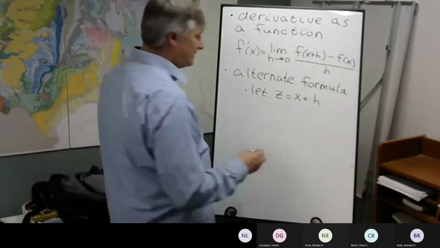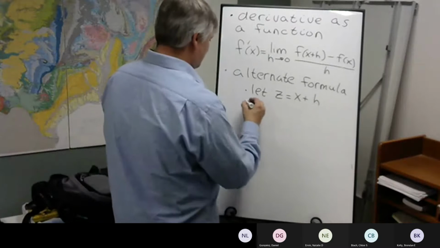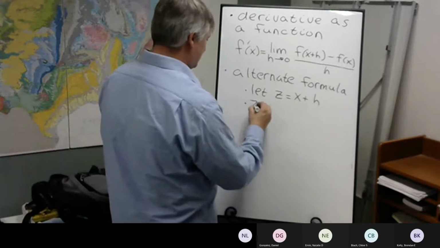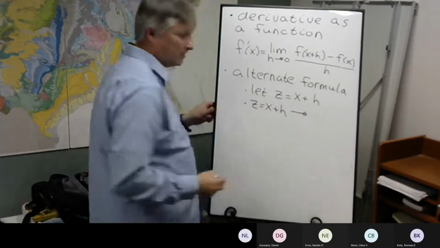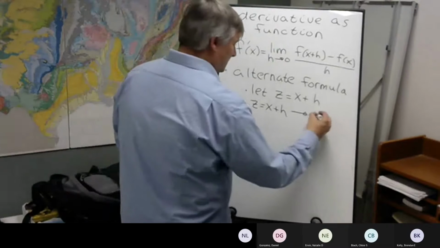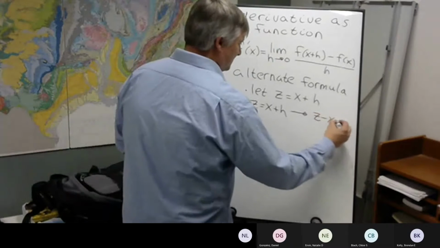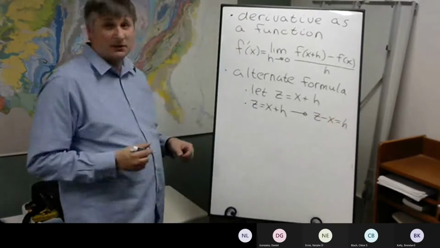So if we do that, and solve for h, z minus x is going to be equal to h.